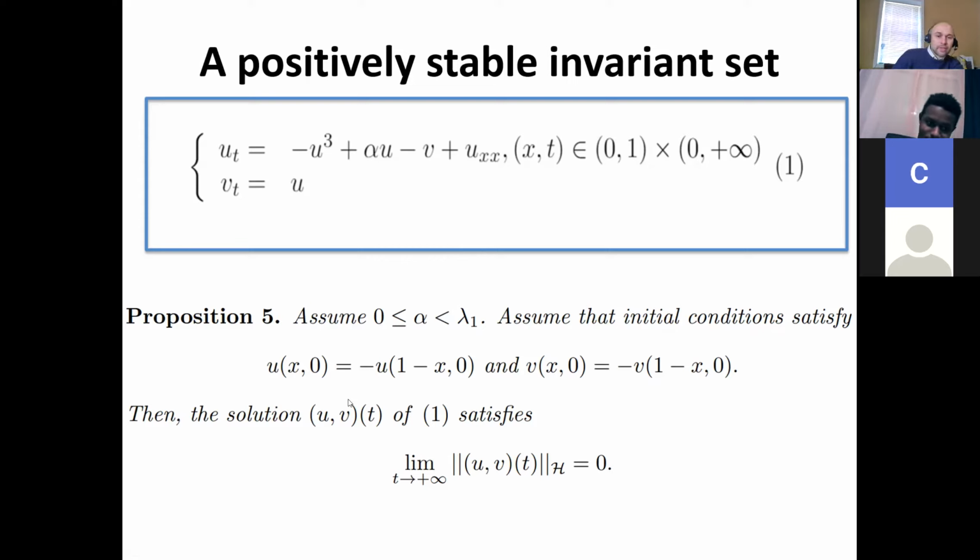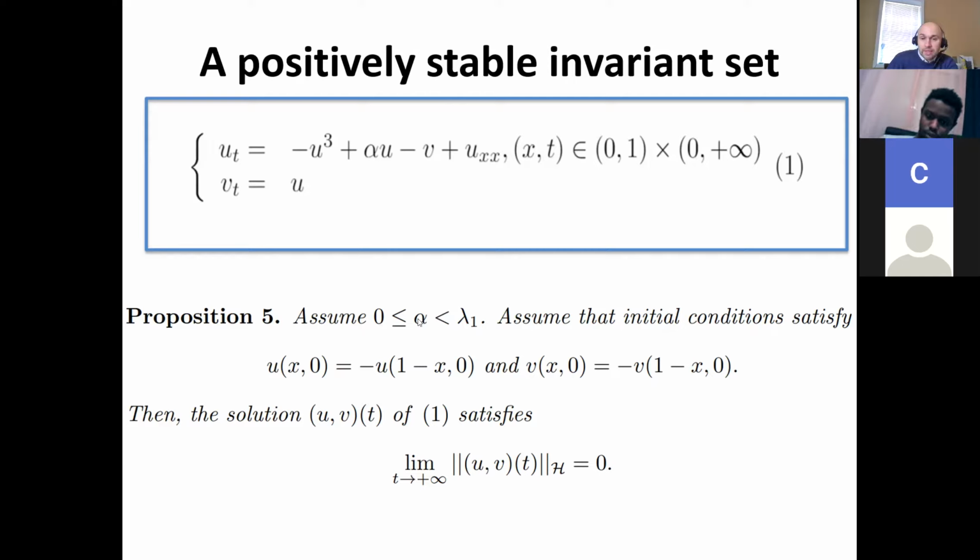All right, that's perfect. So as I said, now, if alpha is greater than 0, it's finished. I mean, the solutions will not converge to 0. But if you choose those specific initial conditions, then the solution is still going to 0.